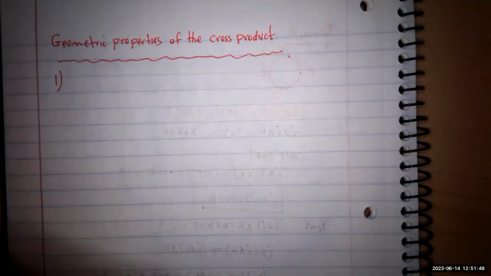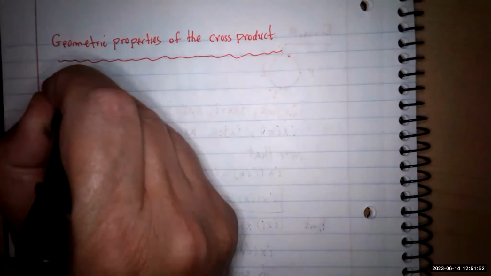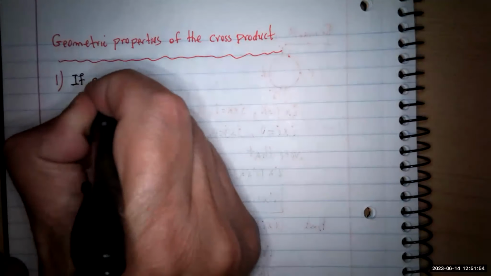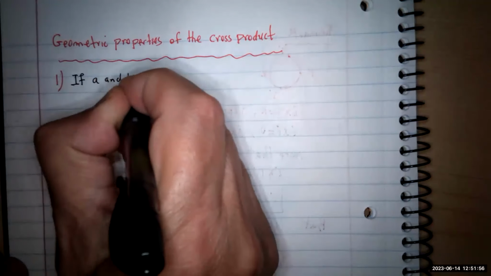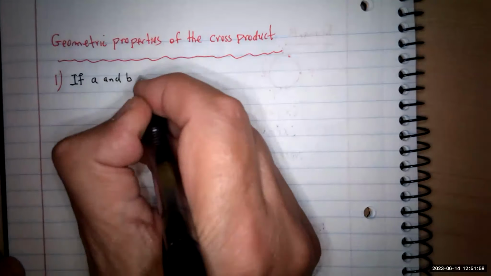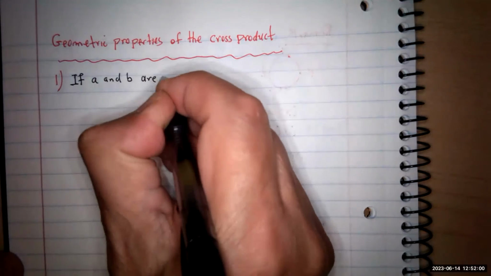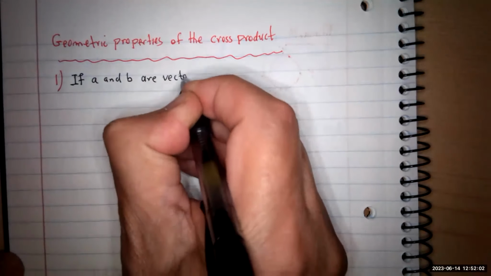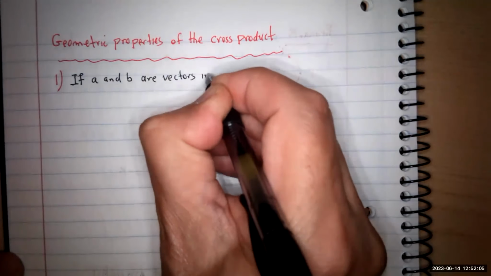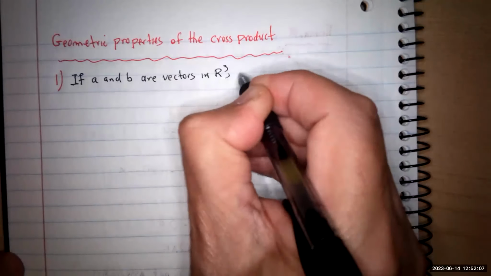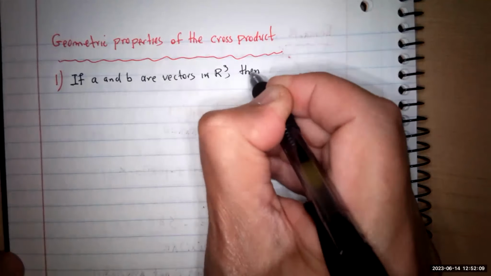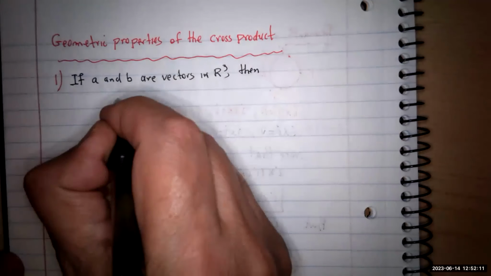If A and B are vectors in R3, then look at this one.